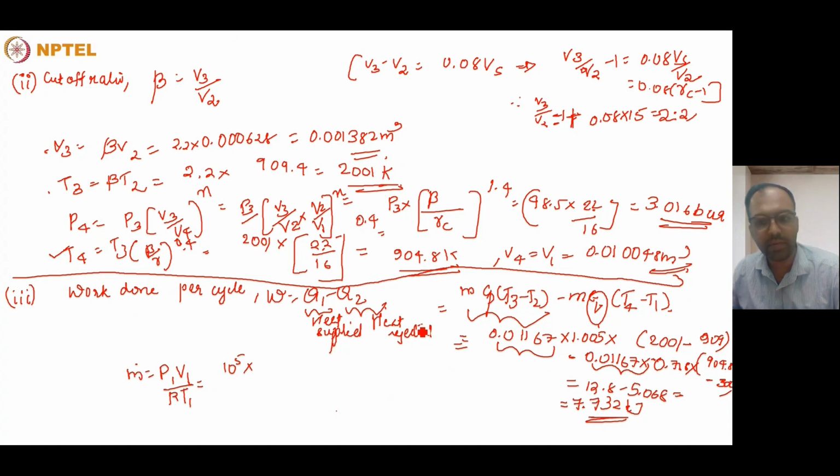It can be used to calculate the mass of air to be around 0.01167. So volume divided by 287 into 300 will be coming around 0.01167 kilogram.